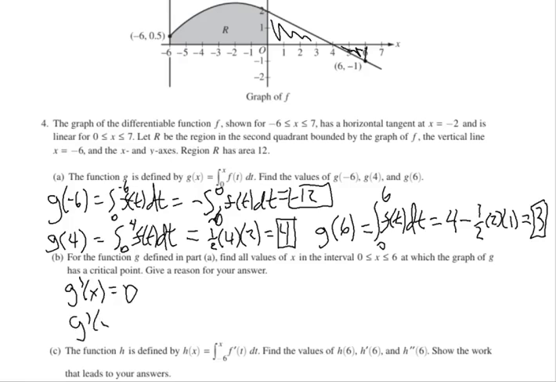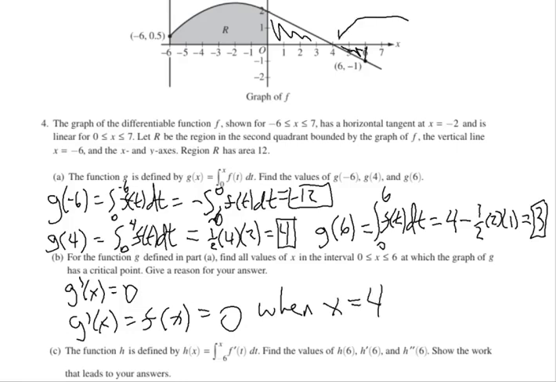G prime of x is equal to f of x, and that equals 0 when x equals 4. You can see it right there on the graph. We didn't have to classify that as a relative max, min, or neither, so we're done with that part.